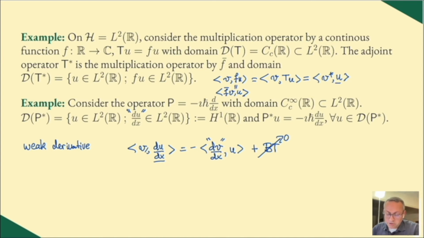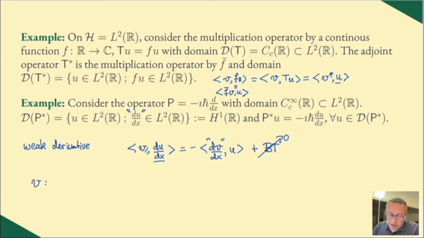So this is possible if V satisfies a certain property. In fact, V must be what we call an absolutely continuous function, namely a continuous function whose derivative exists almost everywhere. And of course it should be in L2.